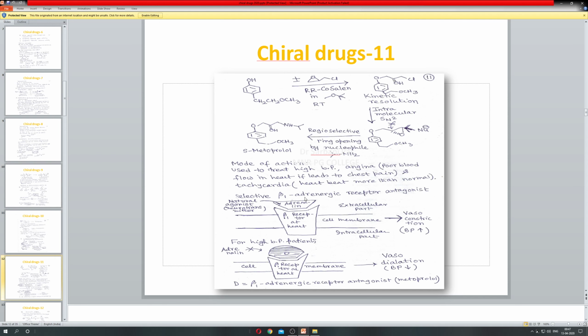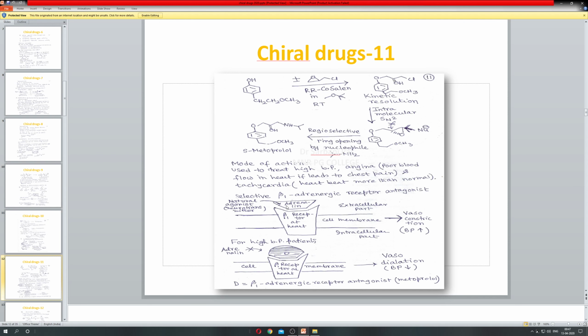Now this is a beta blocker, as we have already discussed. Here is the symbolic pictorial representation of how it acts as a beta blocker. This is the beta 1 receptor present in the heart, and this is the binding site. Normally adrenaline, the neurotransmitter, comes to this binding site.